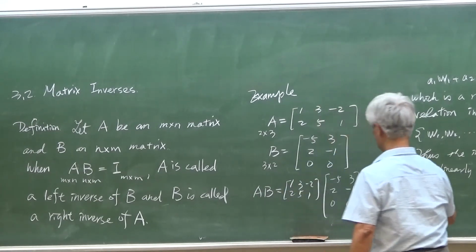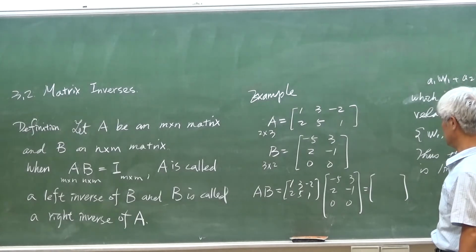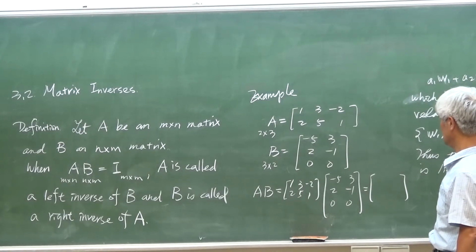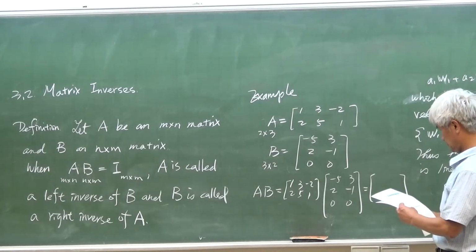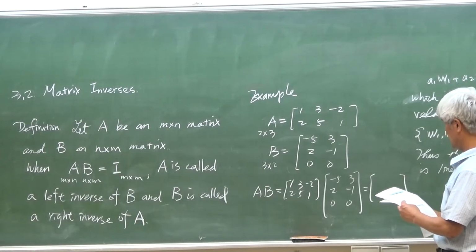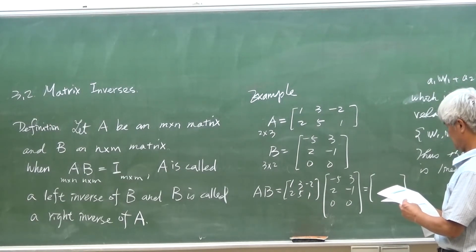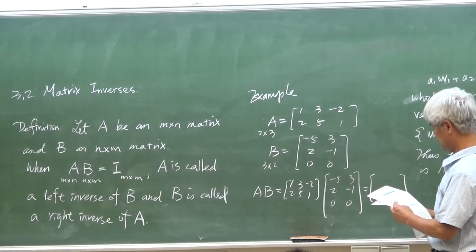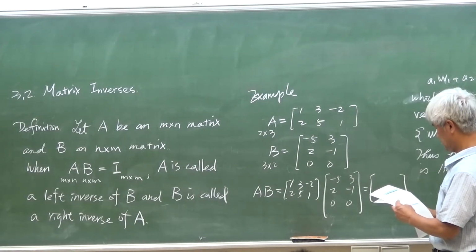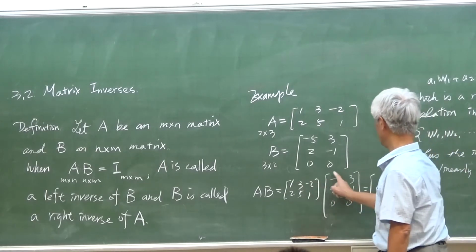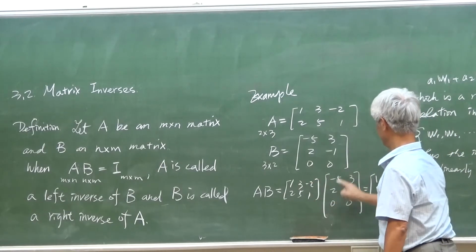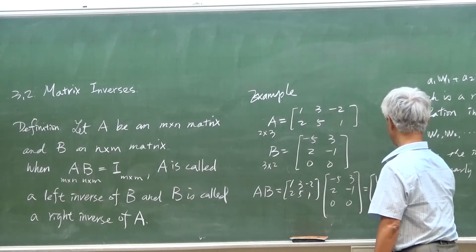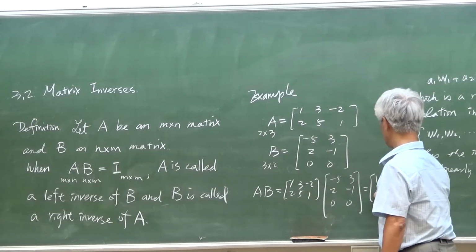And you find out when you do the multiplication. Okay. So you have 1 here, and this is 0. This is 0.